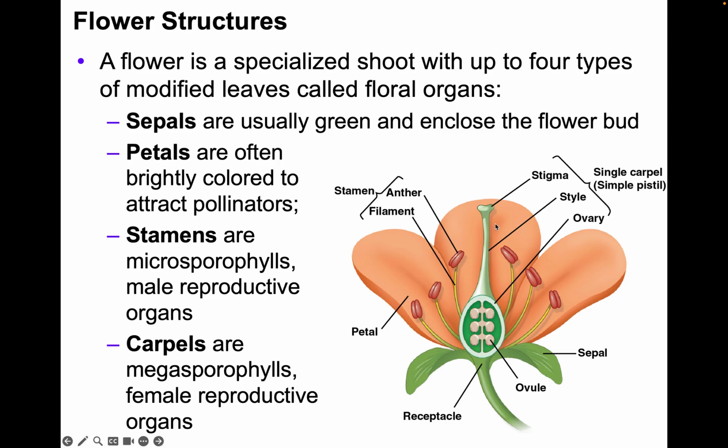Then we've got the carpel. It could be called a pistil as well. Again, I'm not going to differentiate between carpel and pistil. Feel free to look that up if it's bothering you. And this entire structure that we'll call carpel consists of the sticky stigma on top where the pollen will land, the style, which elevates that stigma up so that the pollen brought in by the wind or a pollinator will be able to capture the pollen nicely.